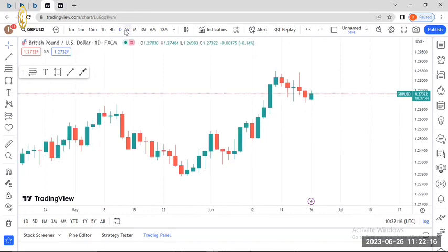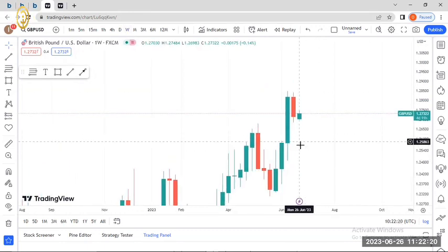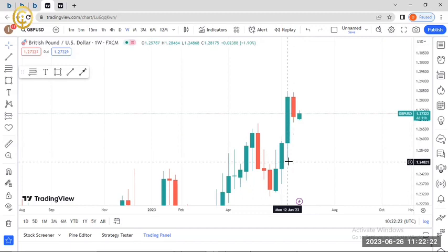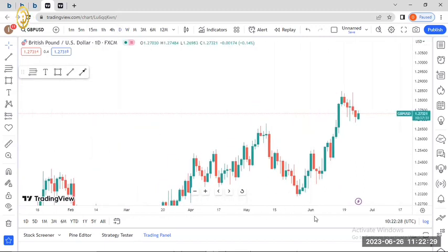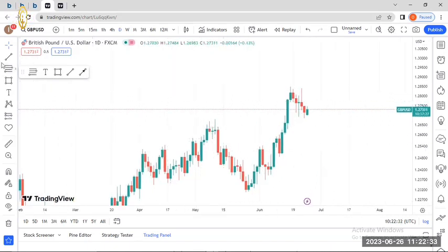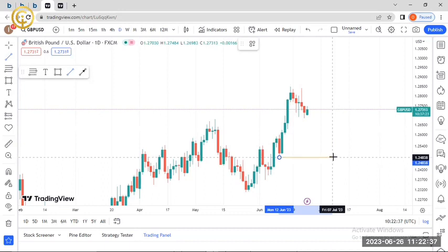But don't also forget that we have our invalidations for the buys currently as at this low. This is our invalidation here for the GBP for the longs. So in here, you want to be able to mark that out.